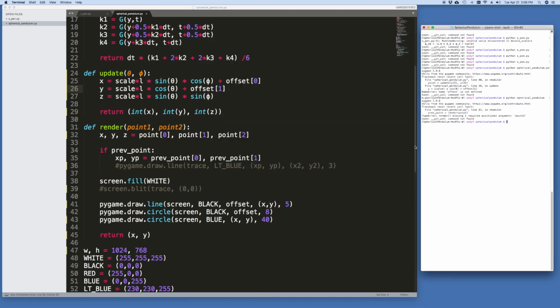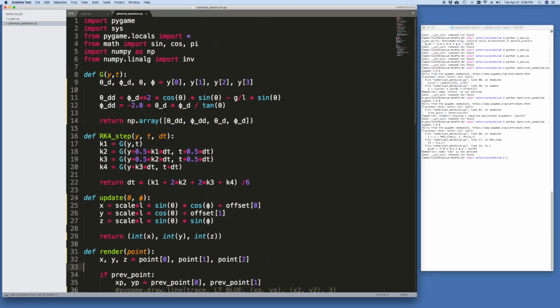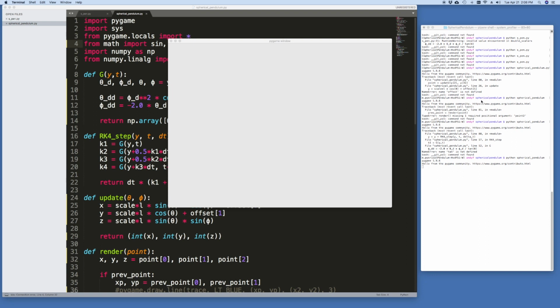Positional argument 0.2 in render. Oh, here, render is only getting 1 point. I needed to fix that. All right. Oh, we didn't import tan at the top. There we go. Very good. Looks like a simple pendulum.